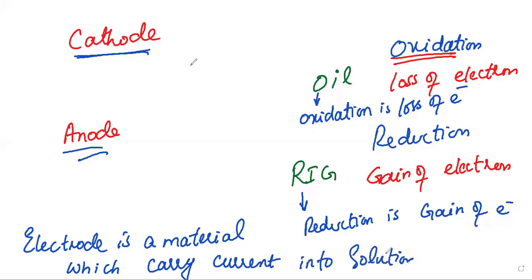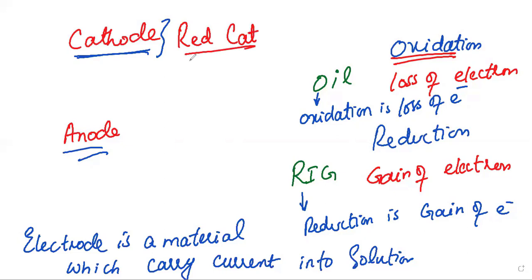Now the question is where reduction happens and where oxidation happens. At the cathode, does reduction happen or oxidation? What do you think? That's where I get confused. Yes, there is another trick to remember what takes place at the cathode and what takes place at the anode, and that trick is RED CAT.